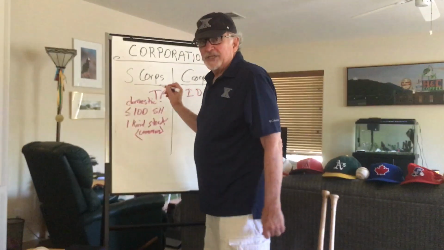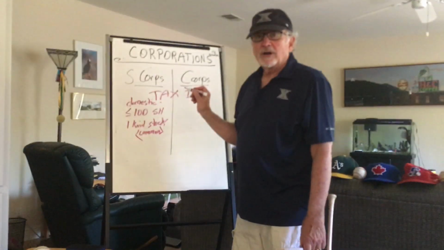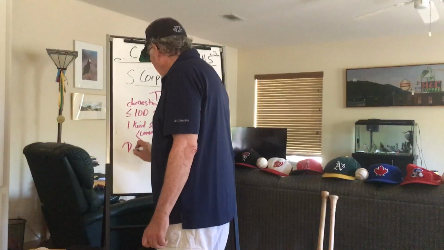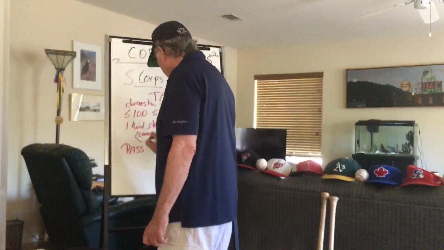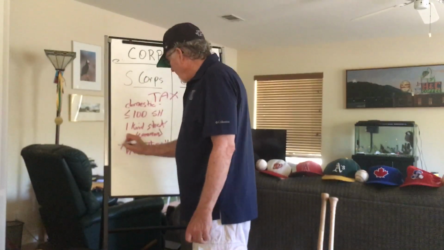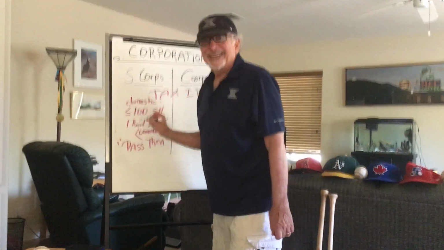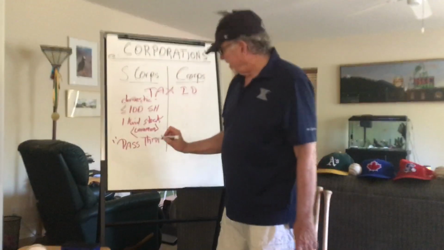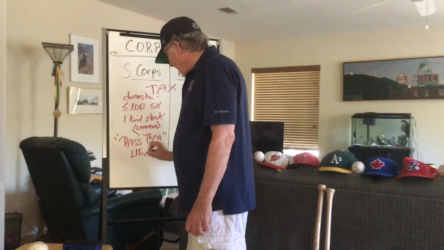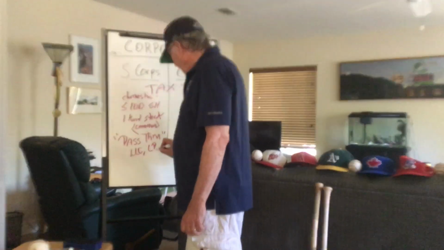So there's some restrictions on what you can do with S corporations. But the real big deal that people like about S corporations is that they're pass-through tax entities, like LLCs, like limited partnerships.